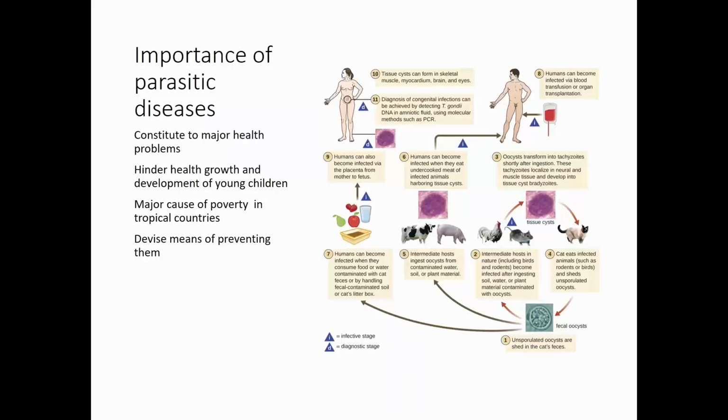Now, these parasitic diseases like malaria and so on constitute the major health problems of the world and they hinder health, growth and development of young children. These diseases are the major cause of poverty in tropical countries.